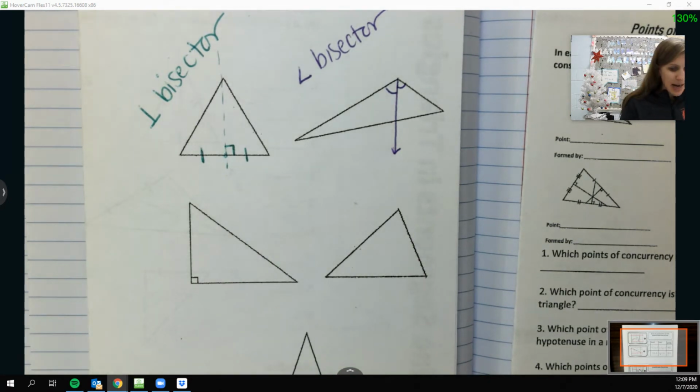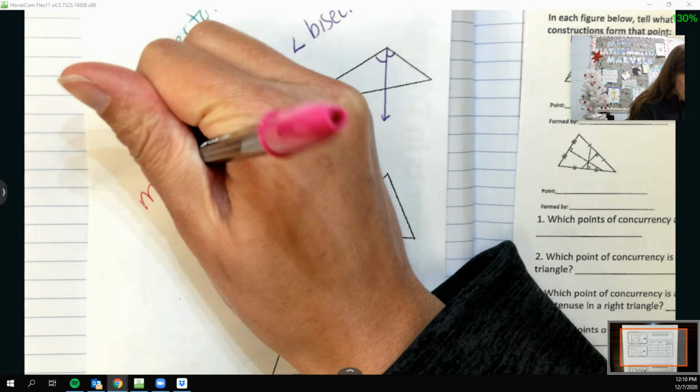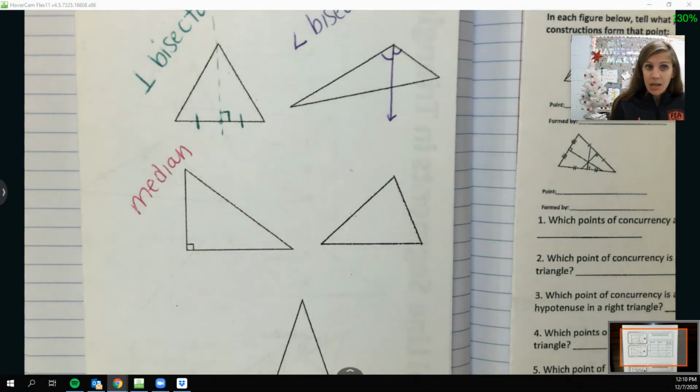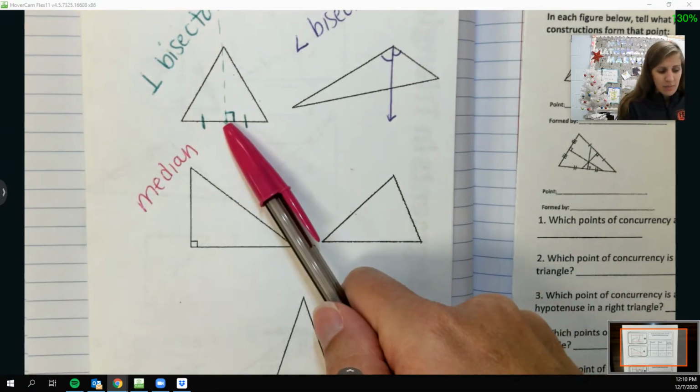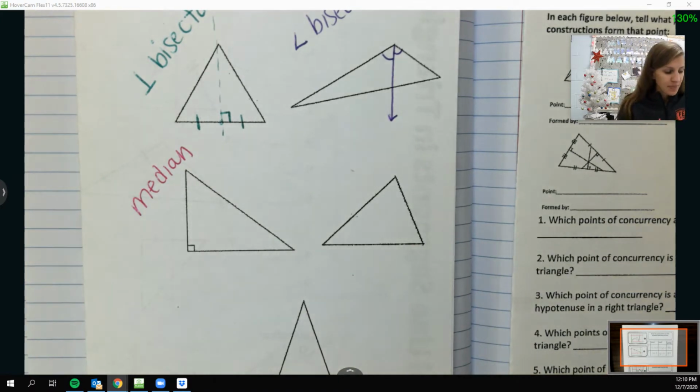Another one that we talked about were our medians. So with a median, it's kind of two things. It's a little bit perpendicular bisector and a little bit angle bisector, kind of. A median has to come from a midpoint and be drawn to the angle opposite of it.